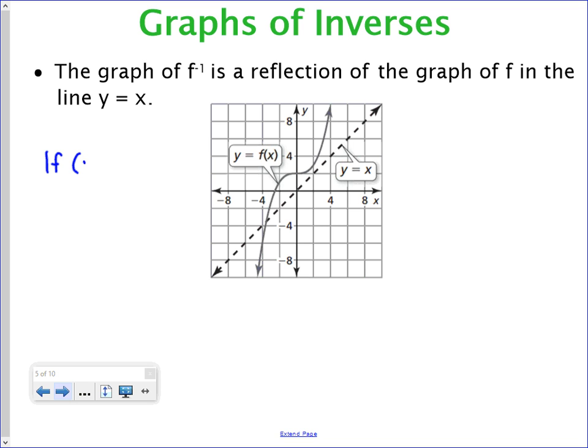If there's a point x, y on the graph of f, then the flipped version of that, y comma x, is on my graph of the inverse of f.